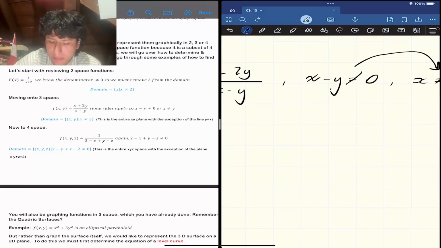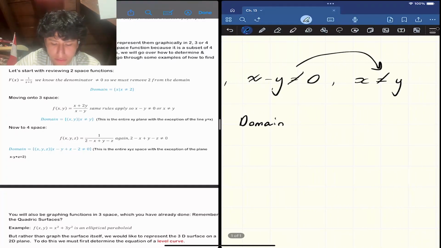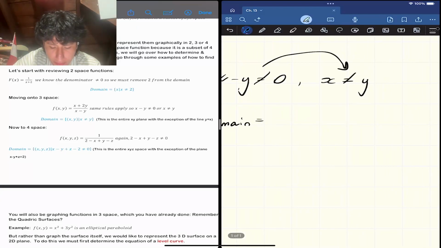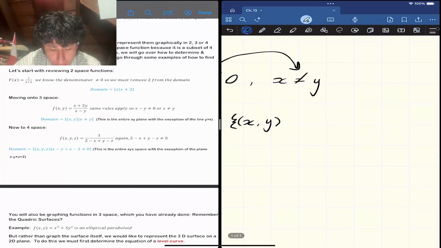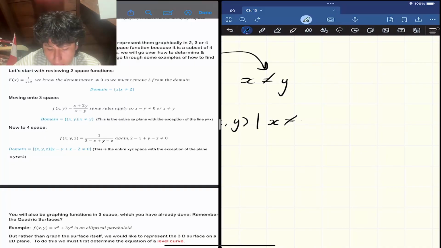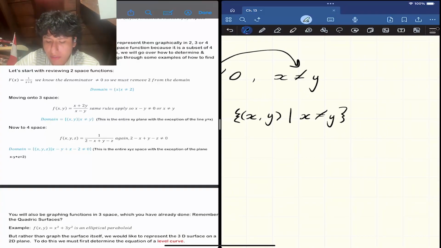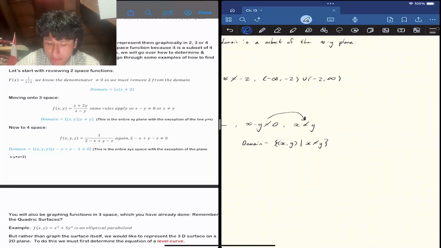In this case, the domain, it's a little interesting notation, but it's essentially saying the values of x and y where x cannot be equal to y.